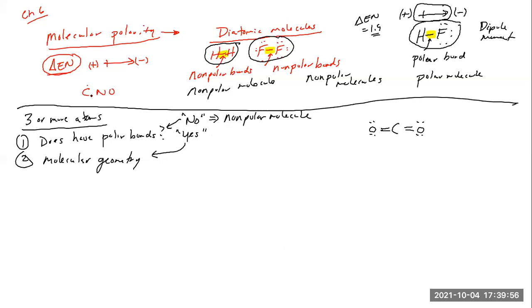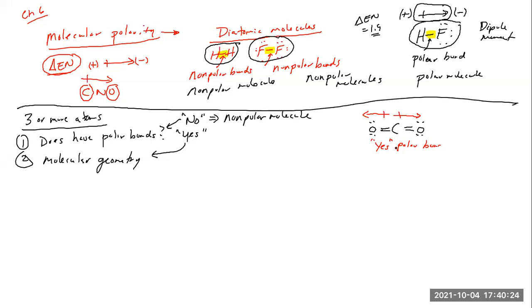Because carbon and oxygen are in the same period, we know it's going to be a polar bond, and oxygen is further to the right, which means it's more electronegative. So we can draw those bond dipole arrows heading towards the oxygen. So in terms of CO2, yes is the answer to polar bonds.